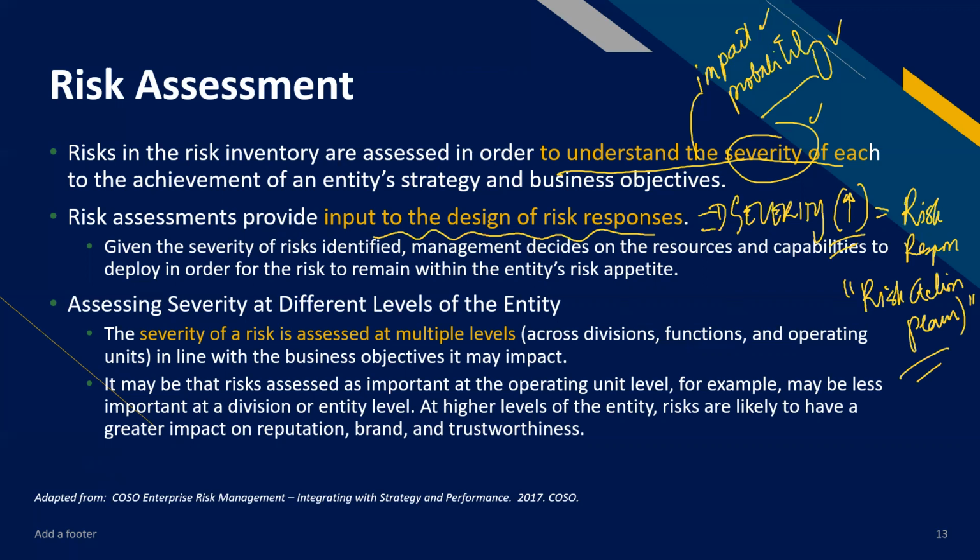So dahil severe yung risk na yan, marami tayong risk action plan para hindi mangyari yan. Severe yan eh. Pero kung yung risk na yan, mababa ang severity, baka pwedeng wala na tayong gawin kasi pag nangyari naman, naka-budget naman yan. Right? For example, risk na nawawala ang papel sa isang opisina. Papel, meaning papers. Meaning there are risks, for example, that the papers are being wasted.